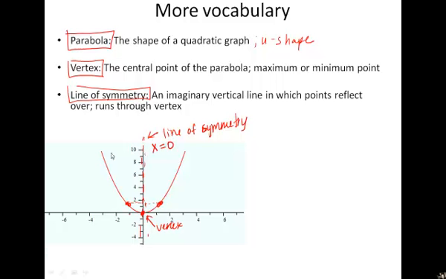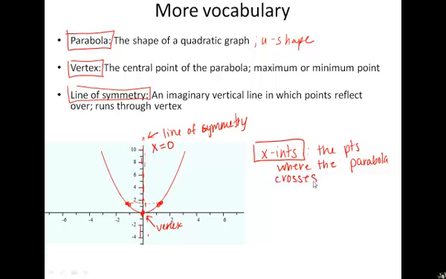I should also note that x-intercepts, I know you probably know this, I'm just going to call them x-ints, are the points where the parabola crosses the x-axis.